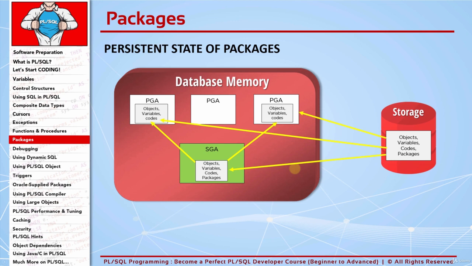Another important thing here is that even if you do not do anything with the package for a while, when you next refer to variable x, you will still see 20, because it is stored in your PGA until you end your session or the package is recompiled. However, the package creator can change this state. I will show you how to do that too. But now let's continue with the next page and summarize it before making the examples.